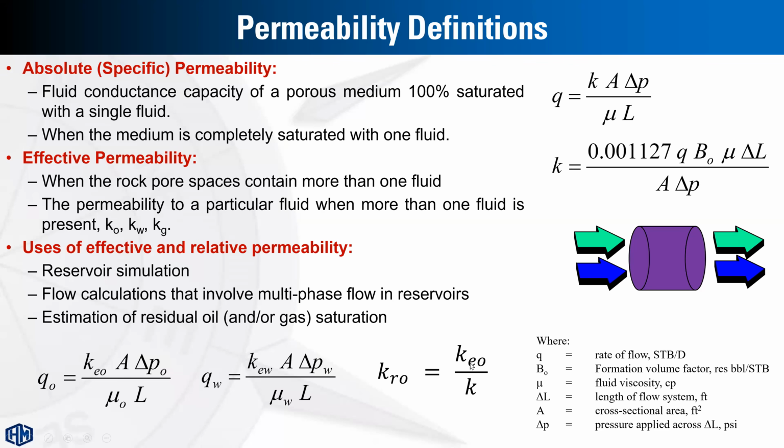Relative permeability is defined as the ratio between the effective permeability divided by what we call the base permeability. This base permeability can be the absolute permeability, or the effective permeability to oil at SWI, or the effective non-wetting phase permeability at irreducible wetting phase saturation.